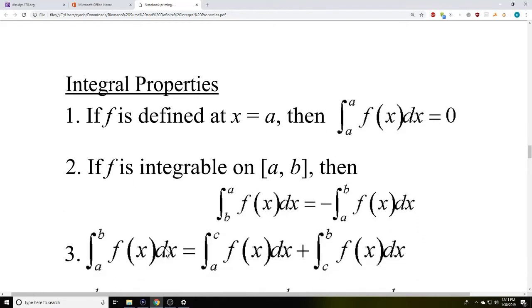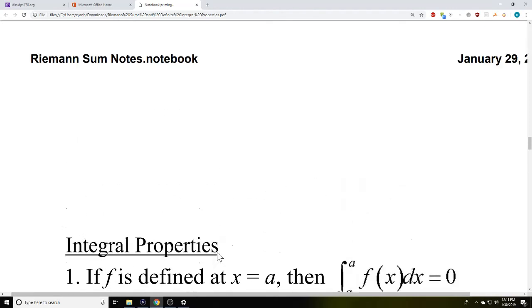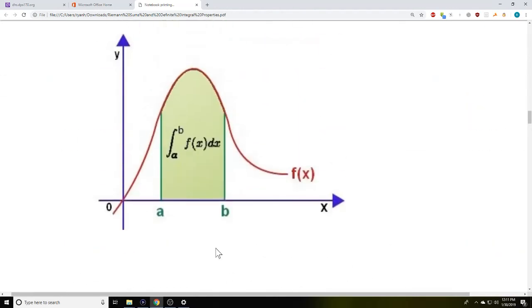Okay. Property number 3 is saying that if we put some c value in the middle, we can actually split this up into 2 different areas, right? So let's say I have some c value that's somewhere in between a and b.